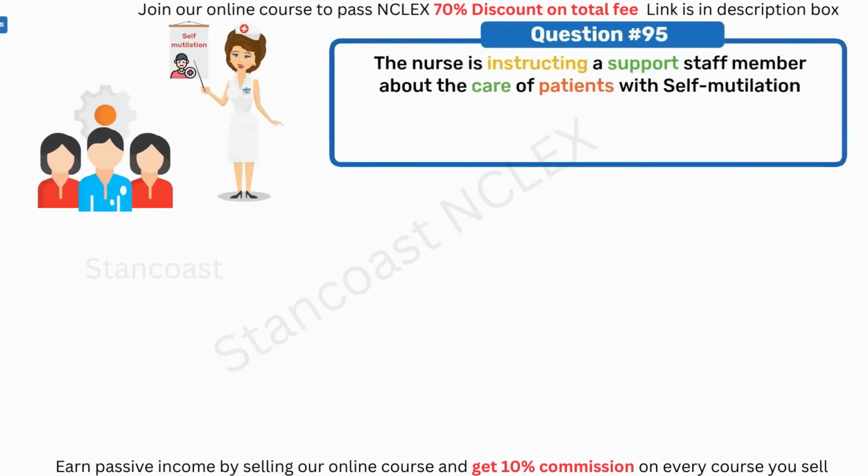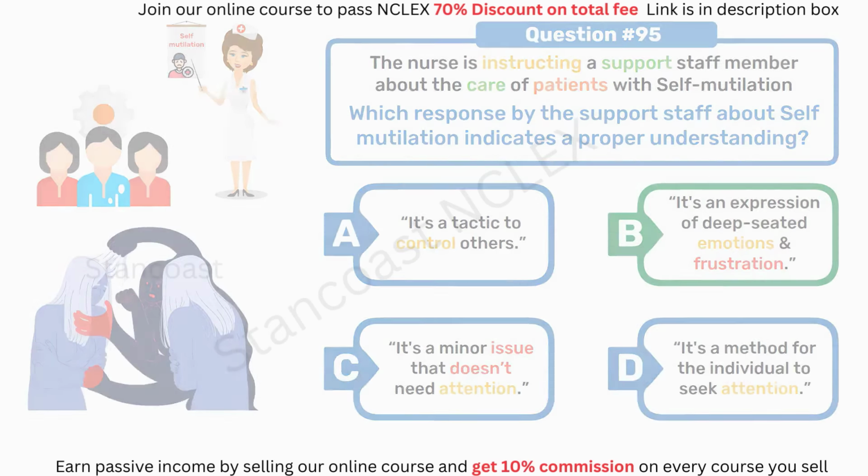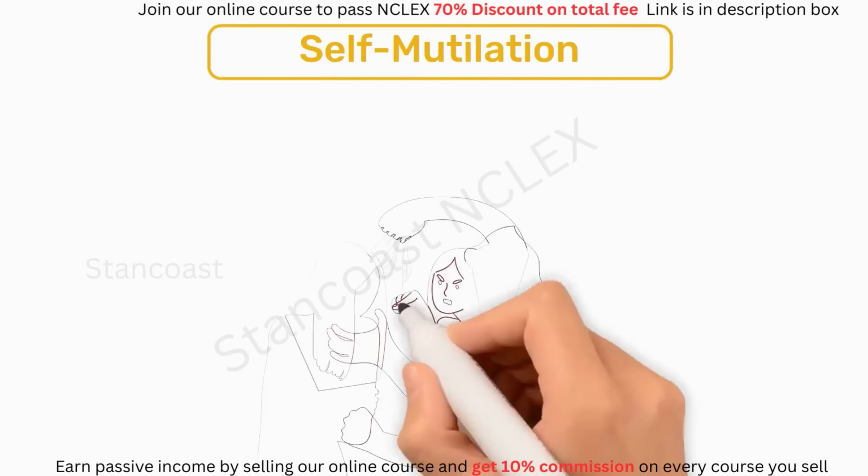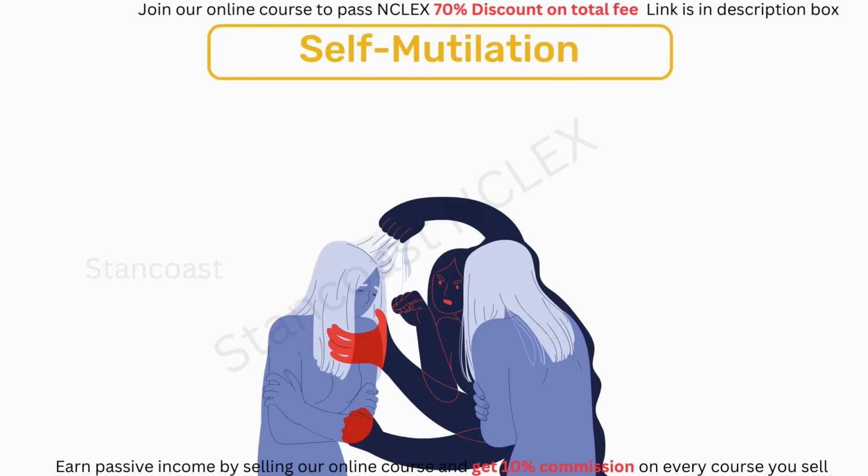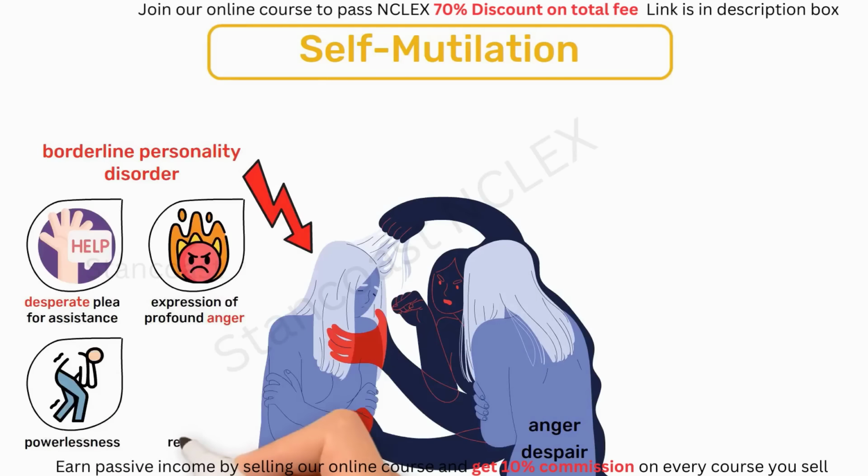Here, option B is the correct answer. Because self-mutilation serves as an outlet for intense emotions like anger and despair, frequently observed in individuals with borderline personality disorder. Often, it represents a desperate plea for assistance, or an expression of profound anger, powerlessness, or remorse.